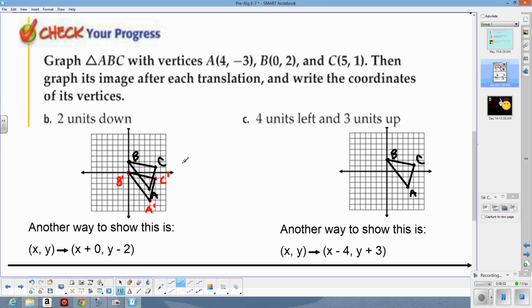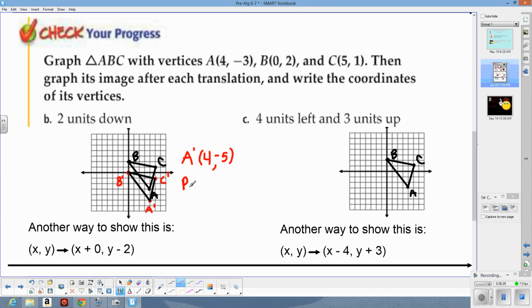Now to write the ordered pairs, A prime: the x number is going to stay the same. It's still going to be 4, but we're going to move it down 2. So instead of being at -3, it's going to be -5.